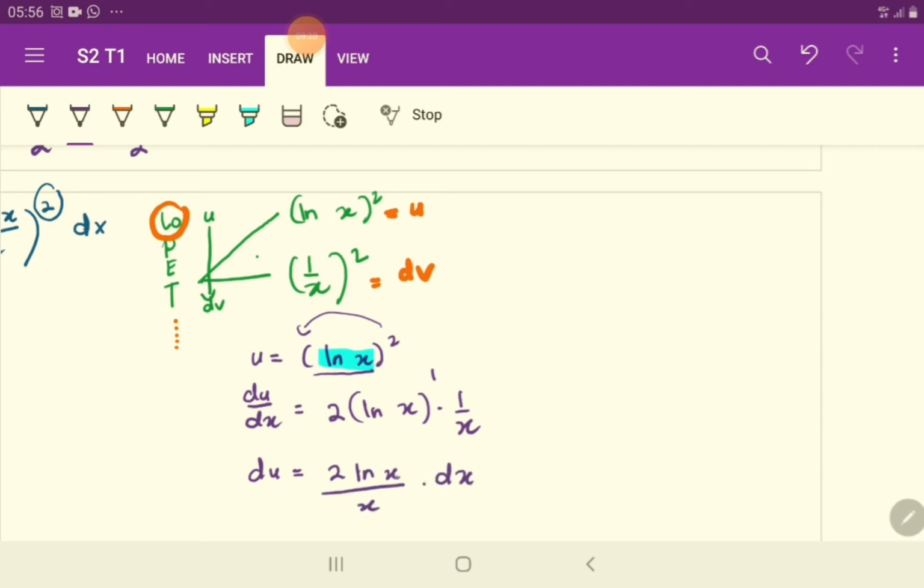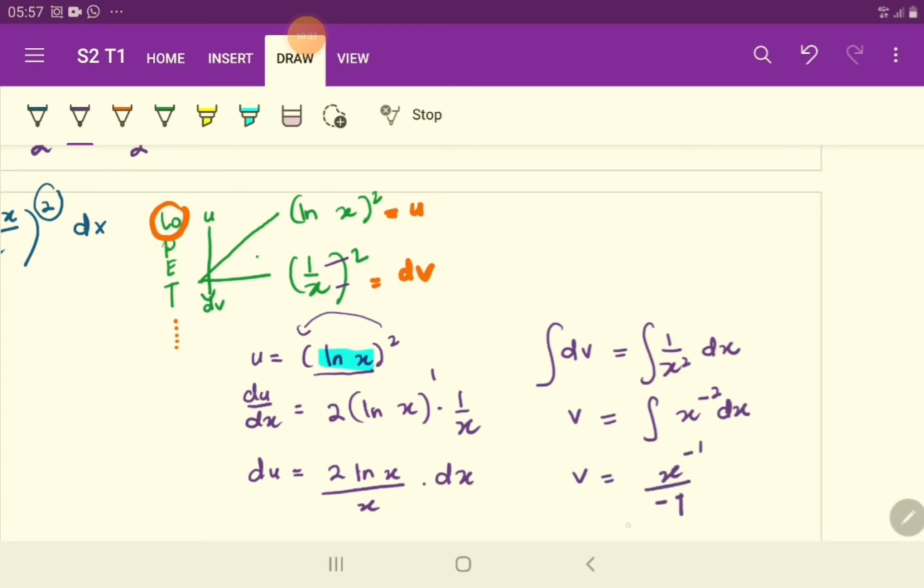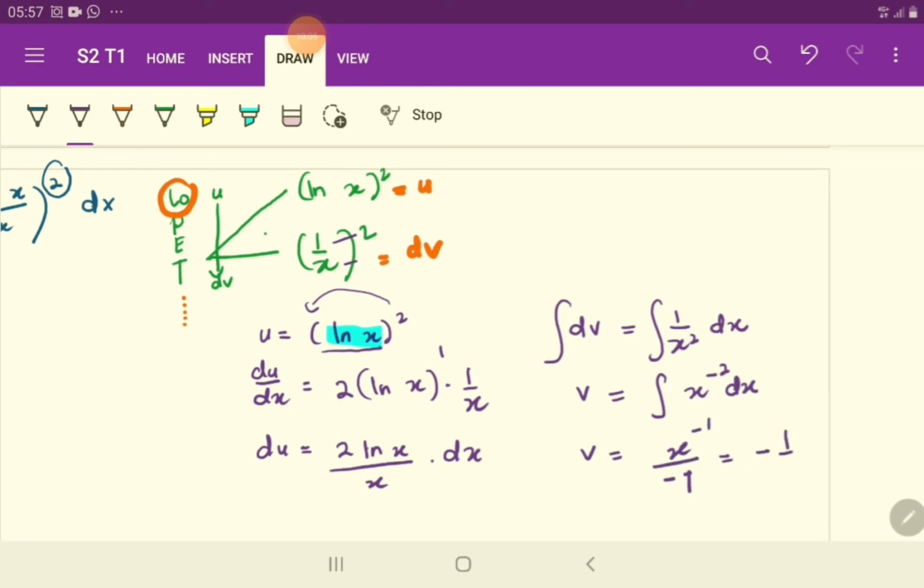Then we have dv equal to 1 over x squared dx, and we will integrate this. So v equals the integral of x negative 2, which is x negative 1 over negative 1, which is negative 1 over x.